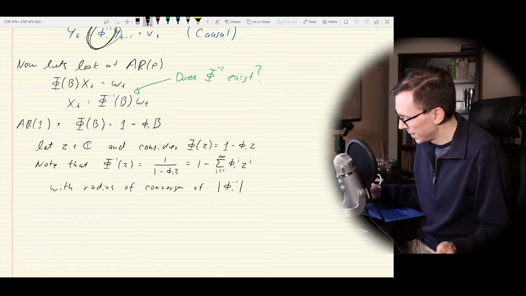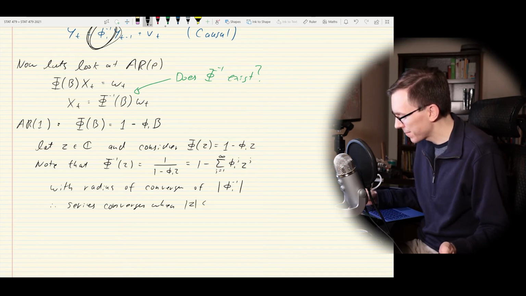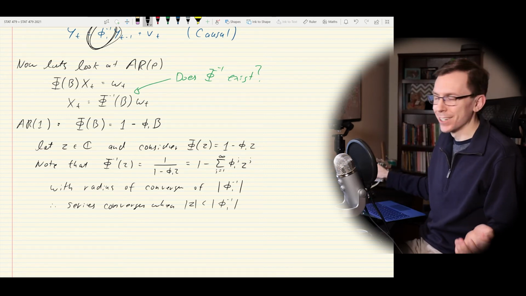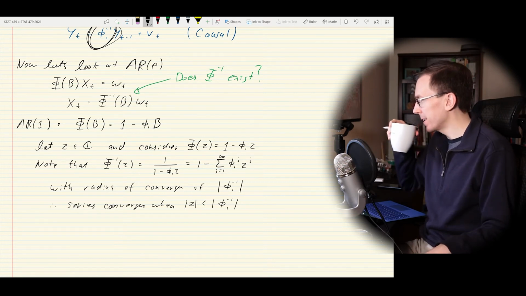So what that means is that, therefore, the series converges when our z here, in magnitude, because it could take on any complex value, is less than the absolute value of phi 1 inverse, which I guess we're assuming is real valued, but could be negative. So we need an absolute value nonetheless.